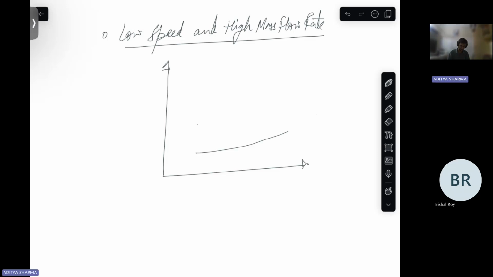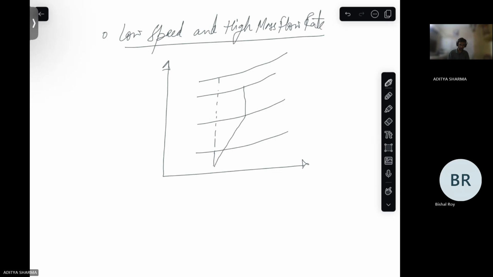Let's draw the diagram here again for discussion. Four lines, and this, this, this.